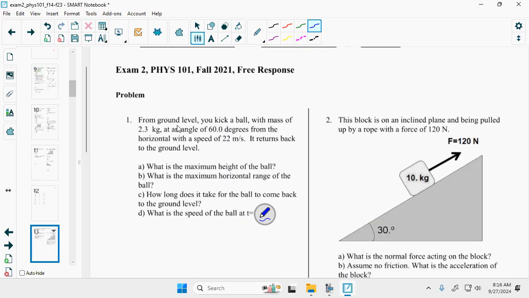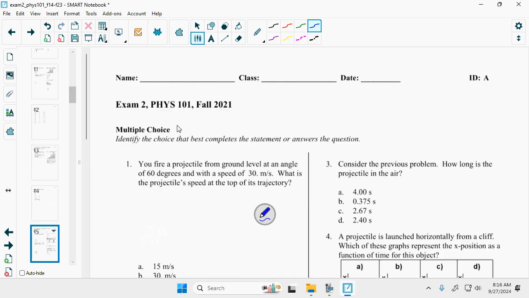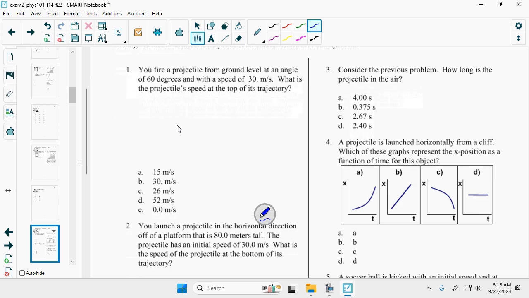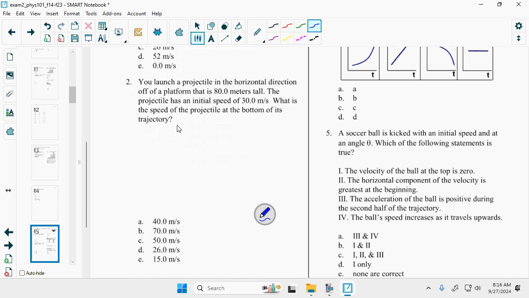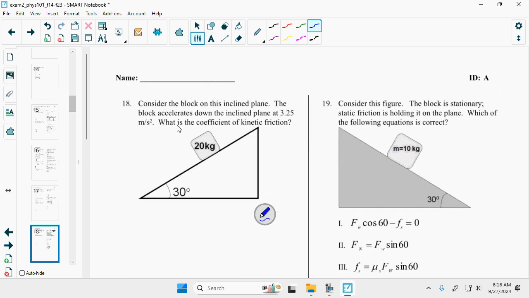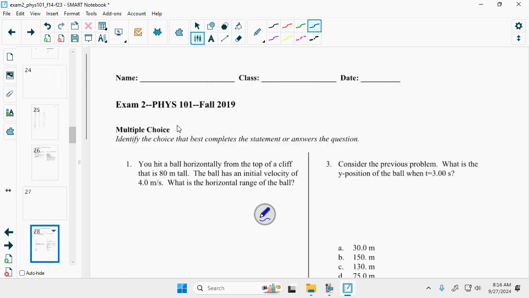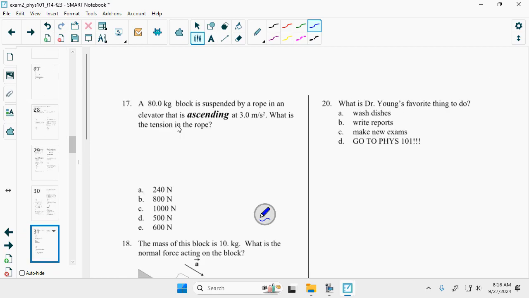That's fall 22. Don't worry about the free response. Is that serious? Okay, let's see. Let's go and do one, let me go back to like fall 18. Fall 19 is when I started doing free response.